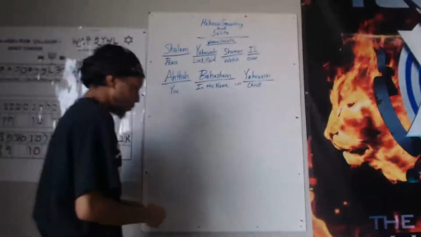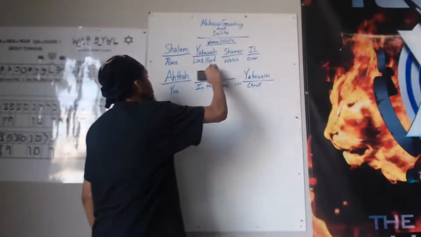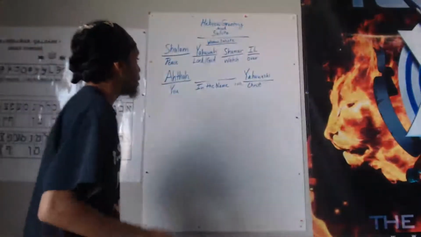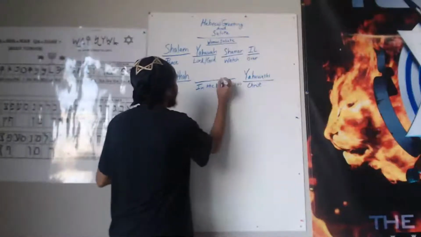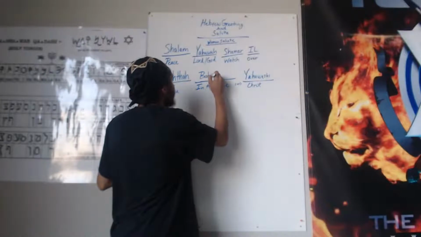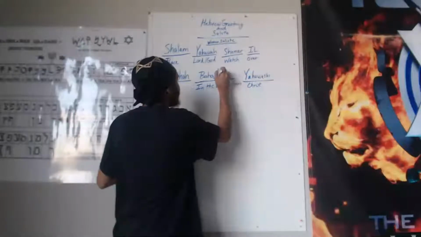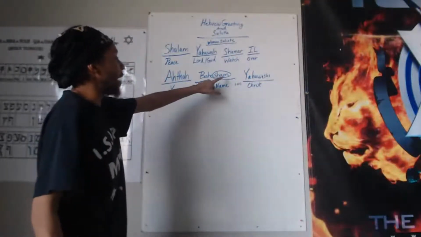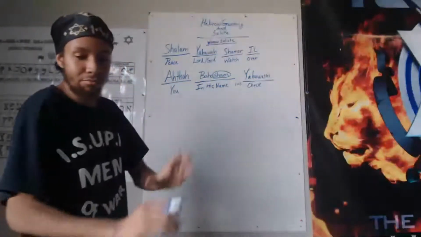Now, too, right? Let me erase this and write it again. This is also brothers that make this mistake a lot, that I've been seeing lately. See this word right here, Shem? A lot of brothers put an E instead of an A. If you put an E there, that's like some offering fake Israelites shit.